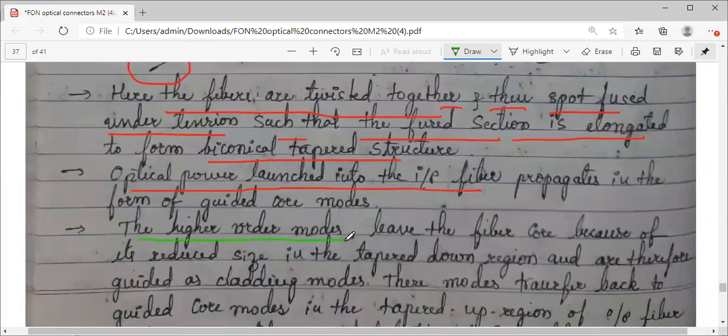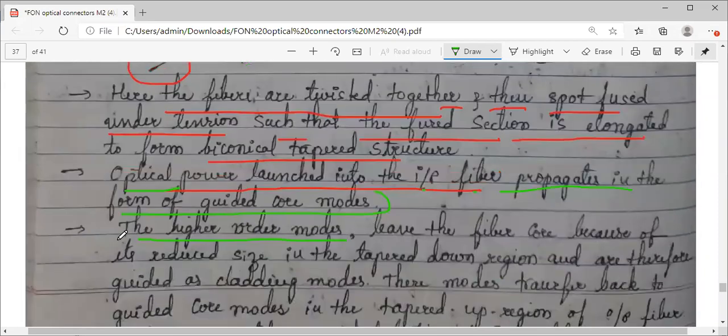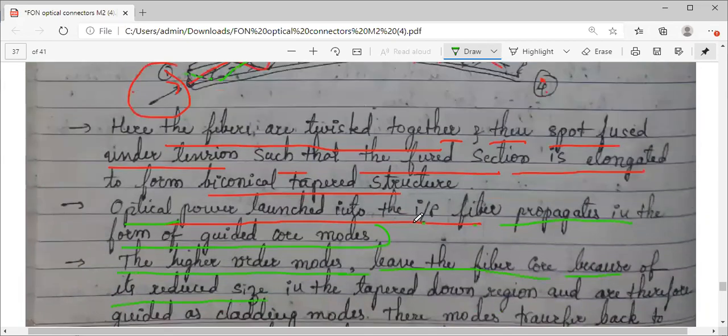The optical power launched into the input fiber propagates in the form of guided core modes. You can see the red color inside the core, they are getting propagated. But when they encounter this tapered region, what will happen? The higher order modes leave the fiber core because of its reduced size.